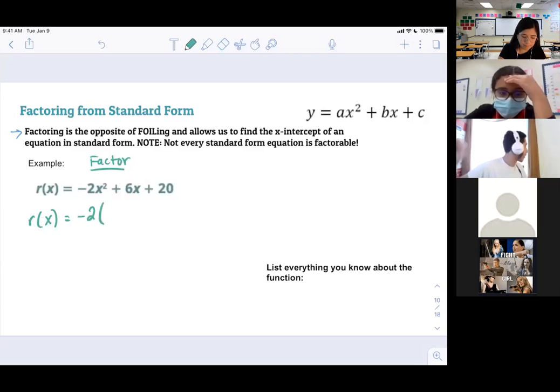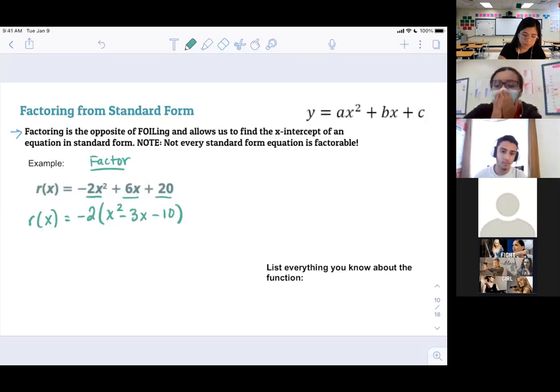Go in order. When I take -2 out of the first one, what do I end up with? Negative x squared divided by -2 is x squared, then minus 3x, minus 10. Exactly. All we did was take out a -2. We're kind of doing the opposite of distribution.